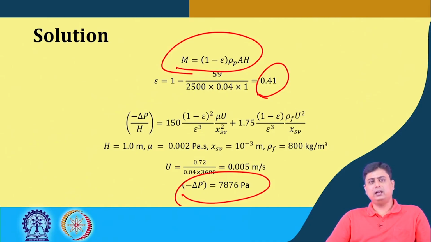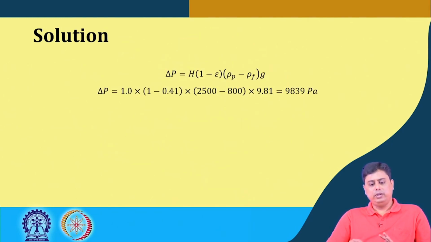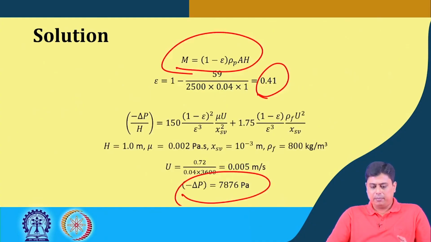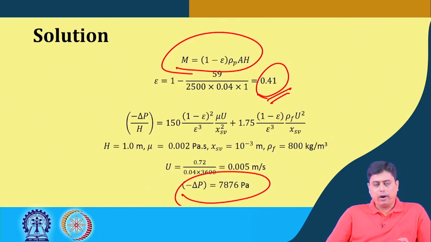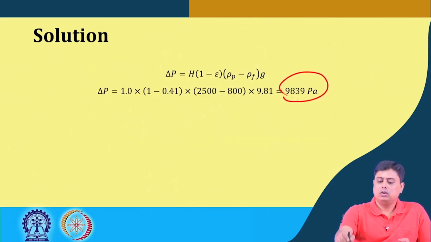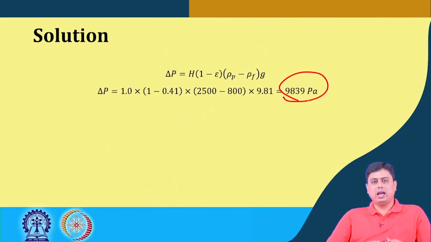Now, the point is that whether this assumption is valid or not, we must cross check that. If we find out what is the apparent weight of this bed, then it comes out to be that with this voidage, the pressure drop would be 9839 Pascal.